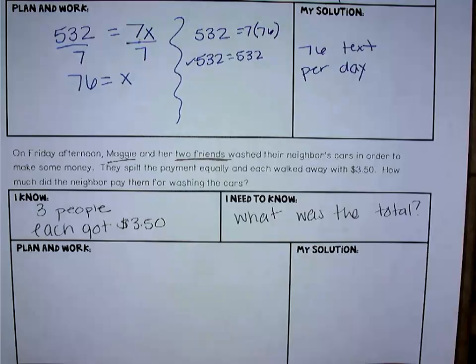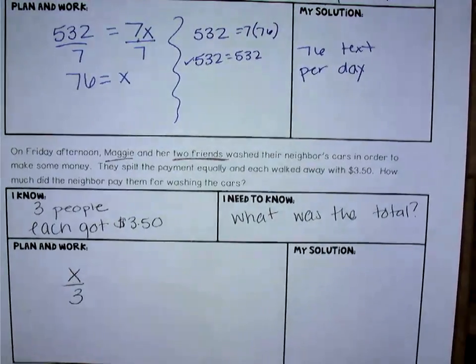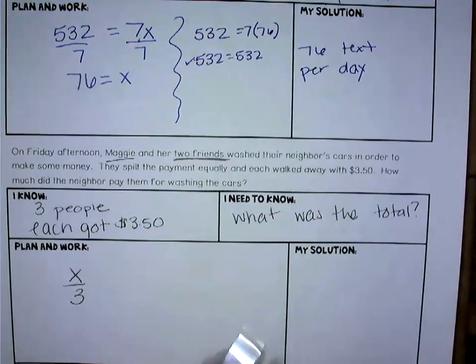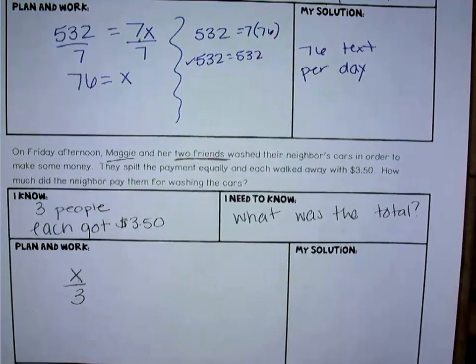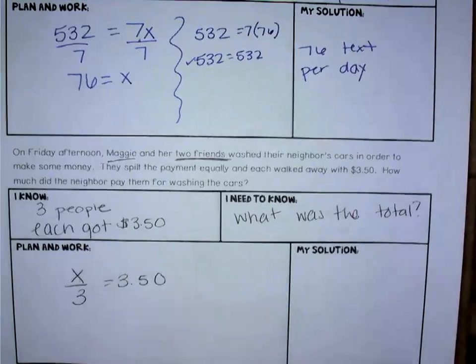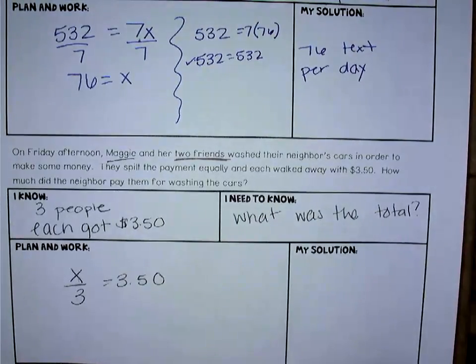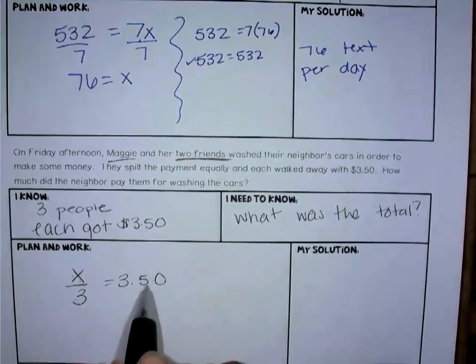So when you are working out this problem for your plan and work, it will be x over 3 because you are dividing that cost by 3 people because each got $3.50. So that lets me know that I'm dividing this amount between 3 people, right? And you know that they each got $3.50. Okay, so we need to figure out what that total was when they divided it to get 3.50.